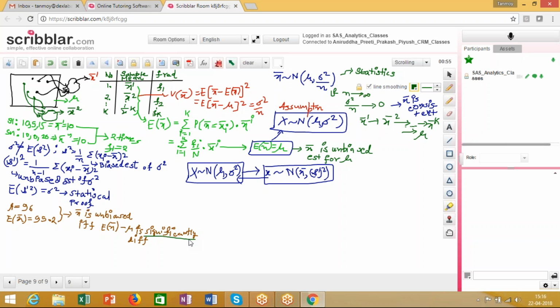That is what we need to quantify, and that is where we bring in the concept of testing of statistical hypothesis.